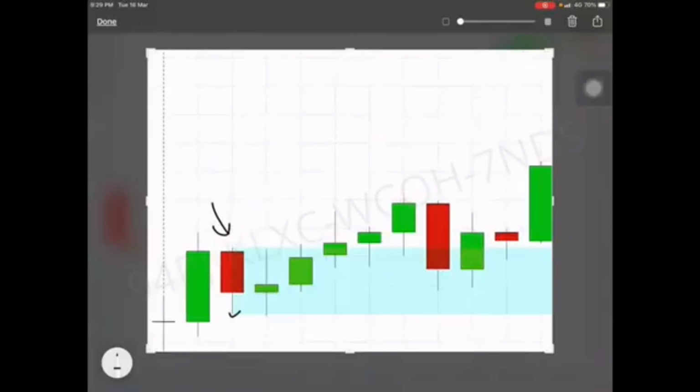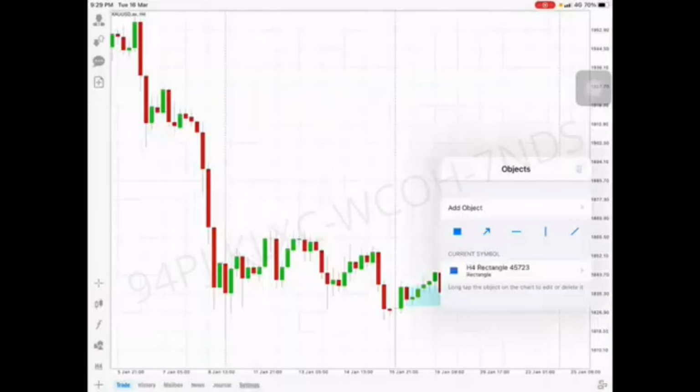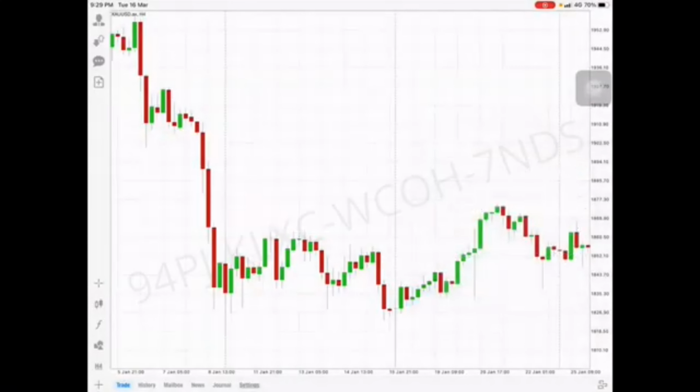The shadow has been consumed, the body has been consumed, and the upper shadow has been consumed. So when the price comes back to the zone, you can enter buy right here. The ones I've shown you are very low risk.